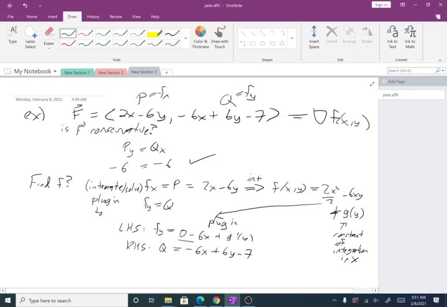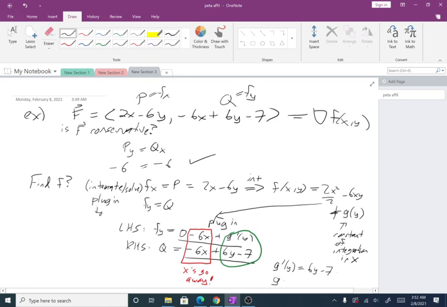So these two things are equal, and we can cancel some terms. All the x's should go away, which is good because we want g of y. So g prime of y is 6y minus 7.